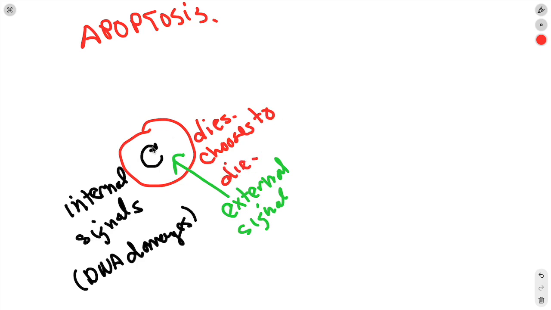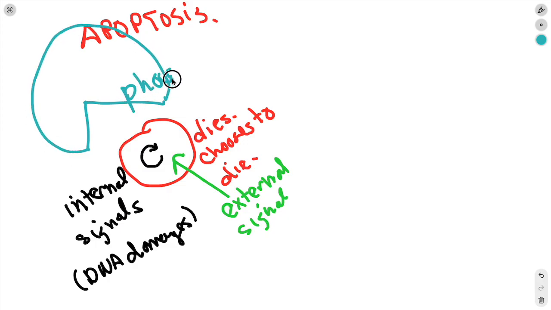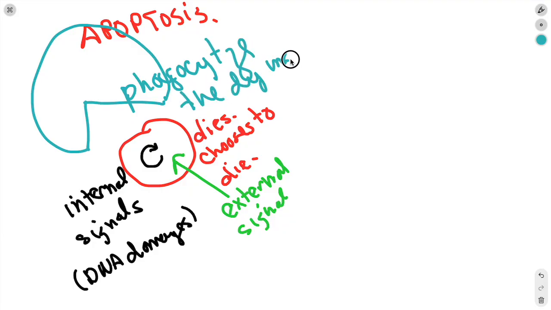And there are specific things that happen. There are sort of hallmark features of apoptosis. Here's the key feature that distinguishes it from the other kind of cell death for us: there's going to be another cell that's going to phagocytize the dying or dead cell.